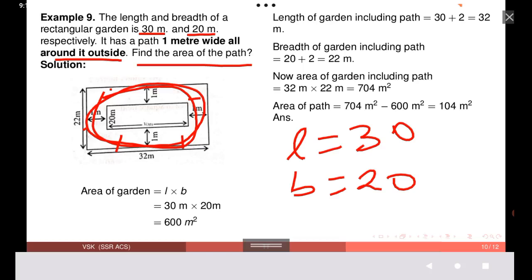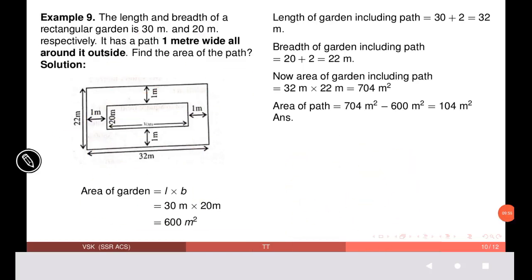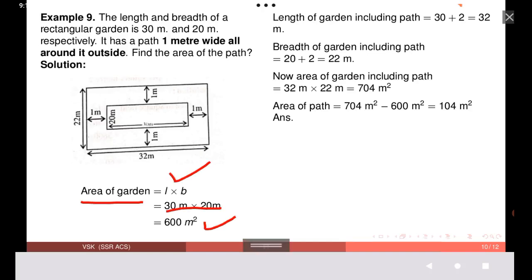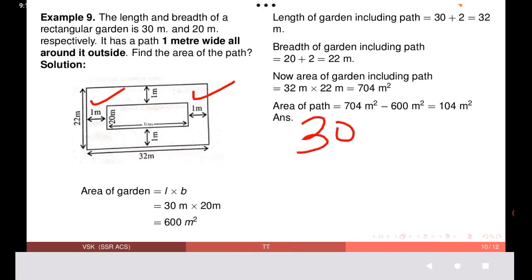So how to find? Again, it is in fact easy. First of all, we'll find the area of the garden, that is L into B. So it is 30 into 20, that is 600. So this is the first thing. Now second, when we include this path on both sides, this is 1 meter, this is 1 meter. So new length will be 30 plus 1 plus 1, that is 30 plus 2, that is 32.